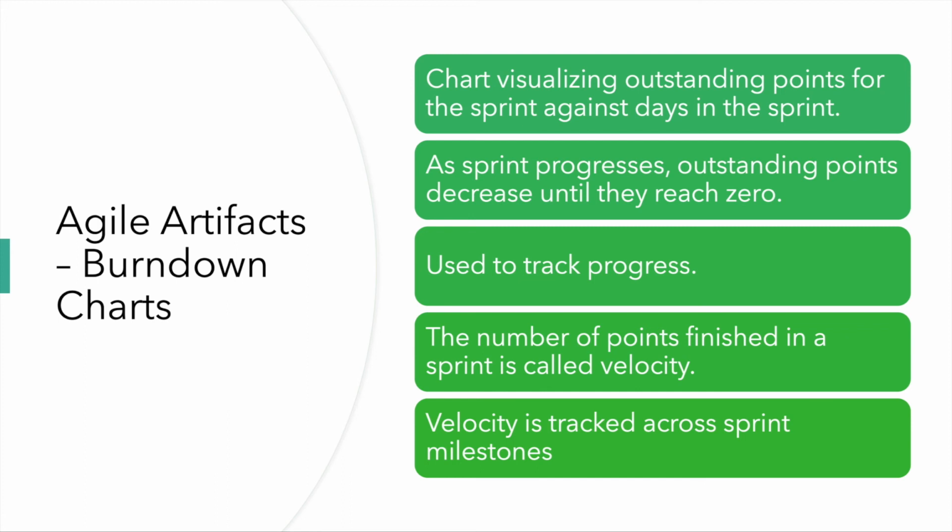The overall number of points finished in a particular sprint is called velocity, and this is measured for every sprint. Say for example, in the last 6 months you had 12 sprints, where each sprint is a duration of 14 days, and you will be measuring the velocity for all 12 sprints. Say for the first sprint it was 100, the next sprint it was 90, and then the next sprint it was 80.